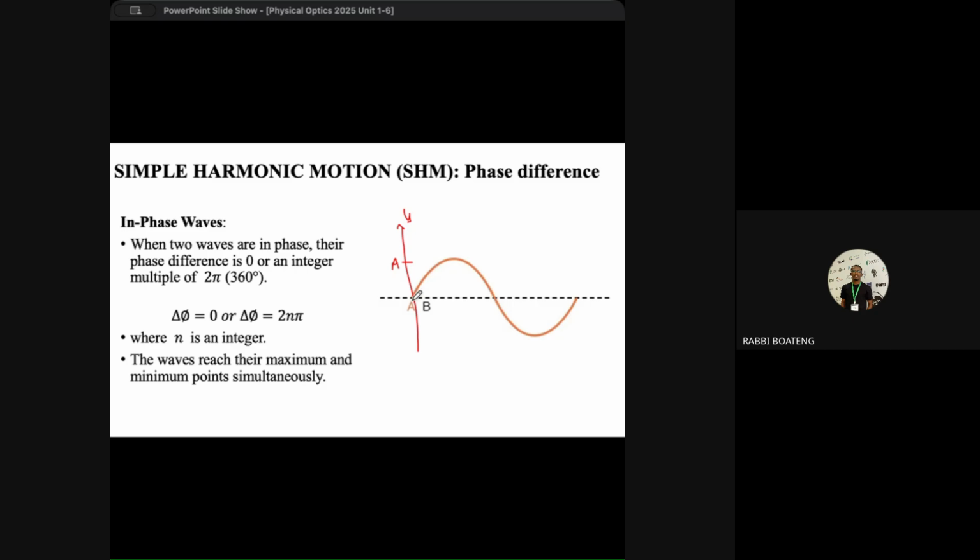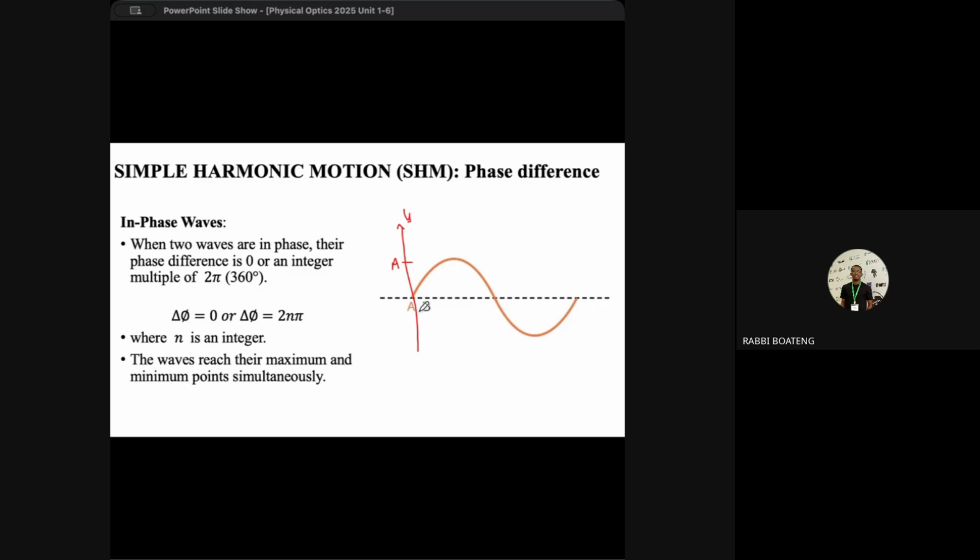Okay. So now, if they are in phase, the two waves started at the same time. Is that okay? So they are actually overlapping. They have the same properties. When you look at the equation, the x and the y, everything is the same. The time, everything is the same. And even the phase too, it is the same. So you see, we have a wave A, and we have a wave B. But you see, waves A and B are in the same phase.